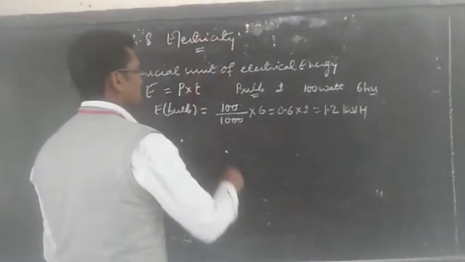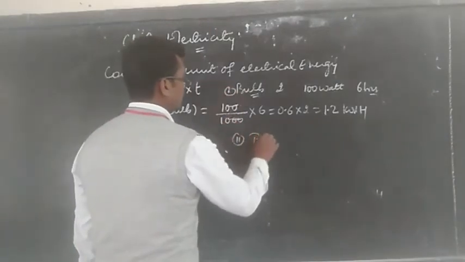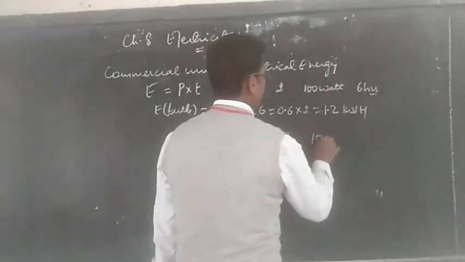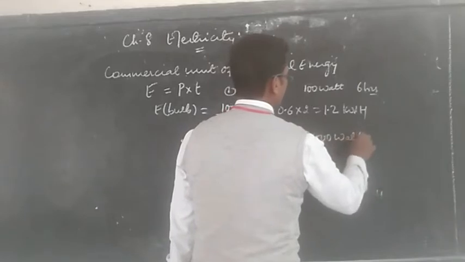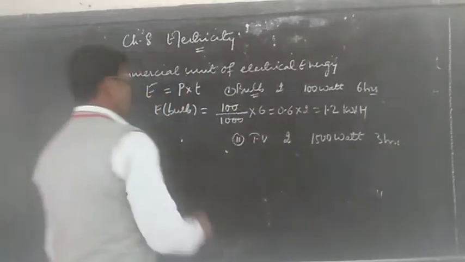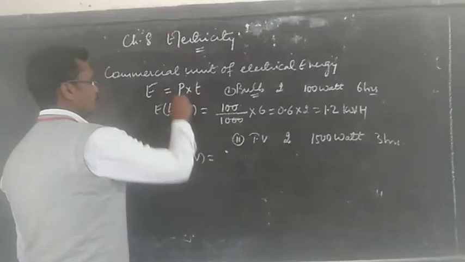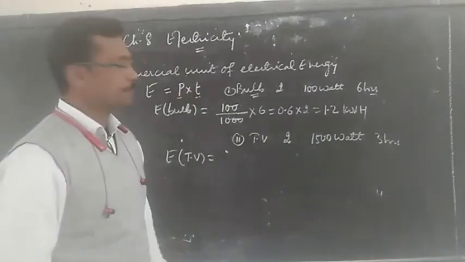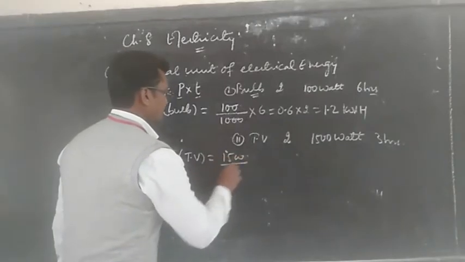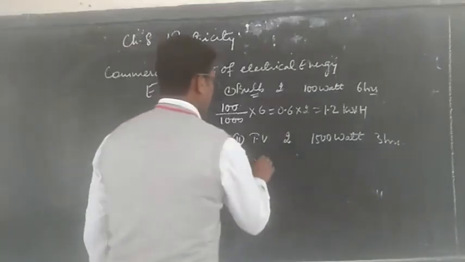Similarly, suppose there is an appliance like TV, say there are two TVs of 1500 watt, which is used for 3 hours. So we can have the electrical energy consumed by TV. Again we will use this formula P into T, where power is 1500 convert into kilowatt divided by 1000 and the time is 3 hours.